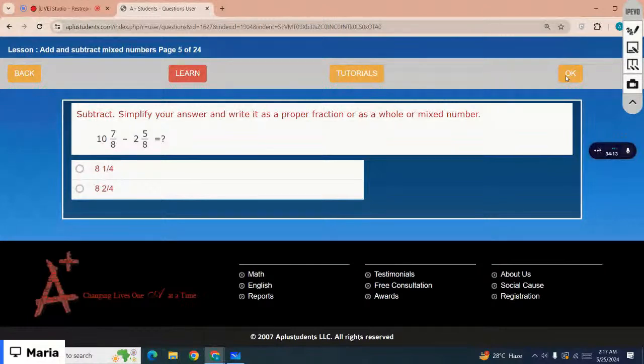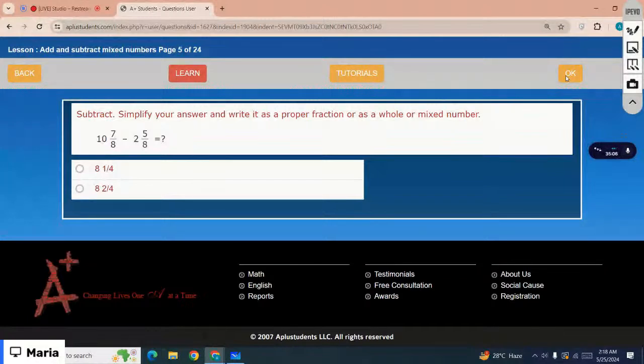So which is the correct option? 8 whole 1 over 4 is the correct option.